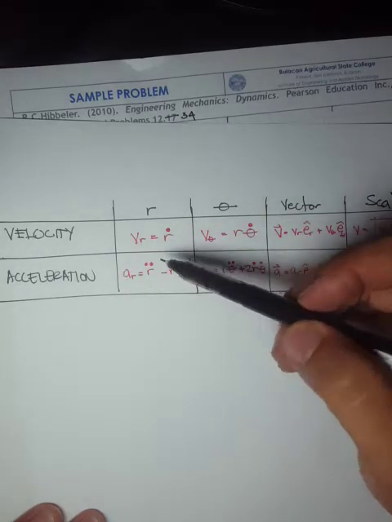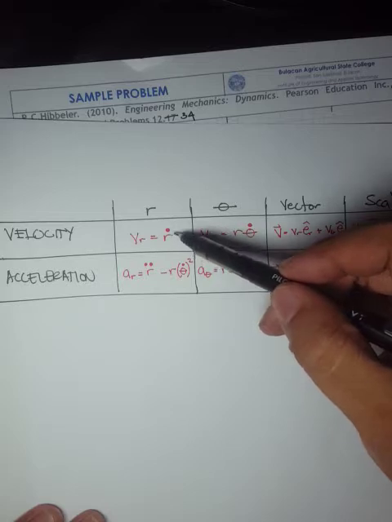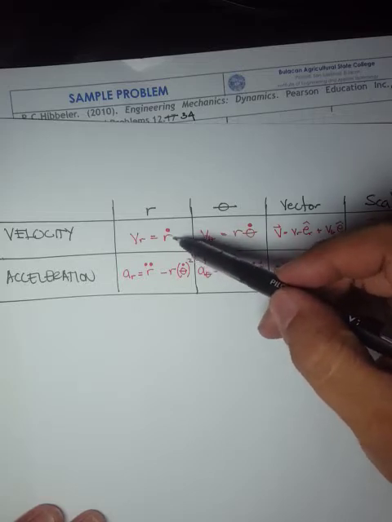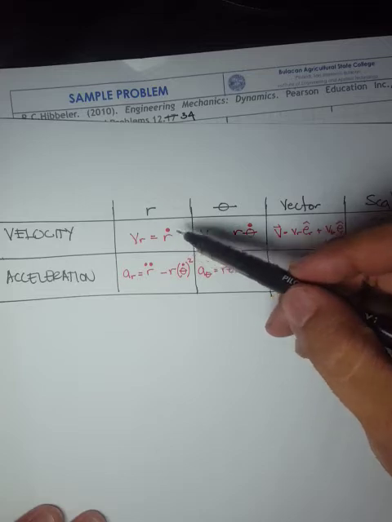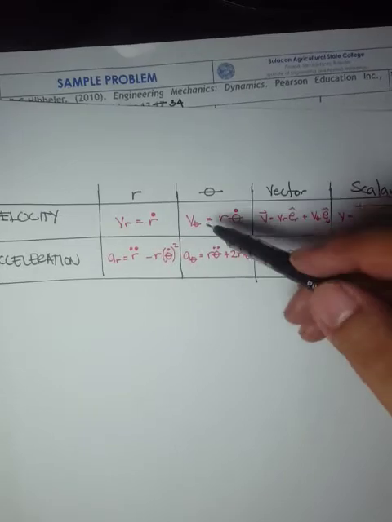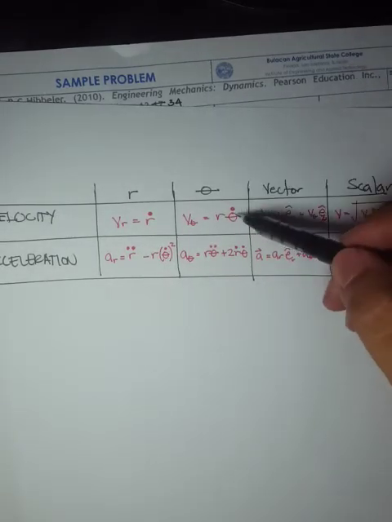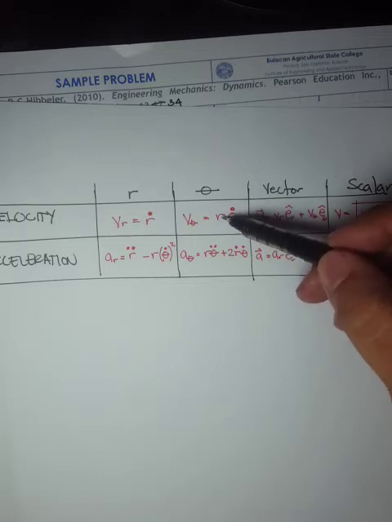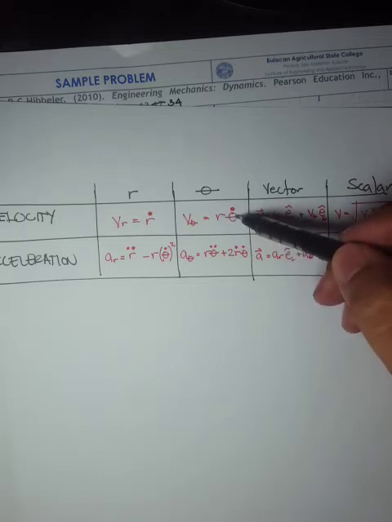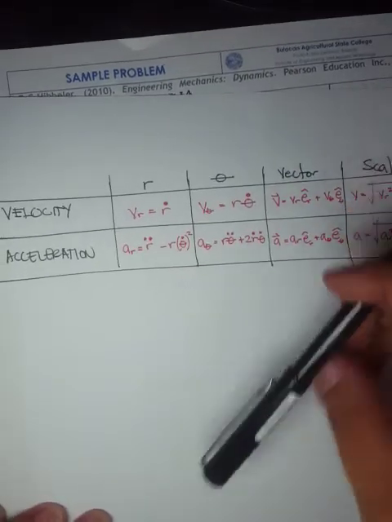For v_r, what we need is just the first derivative, so that's r dot, the first derivative of the radial position. Whereas the angular velocity is going to be our radius times the first derivative of our angular position. So let's write units for now.